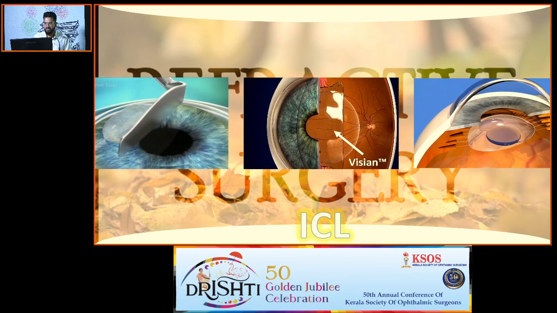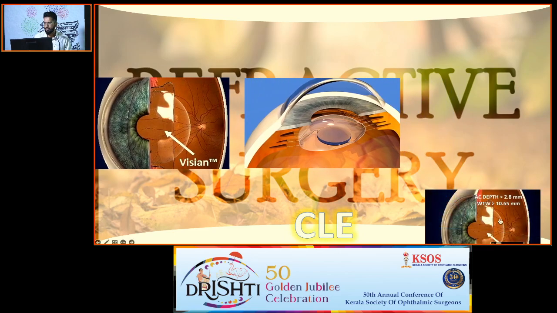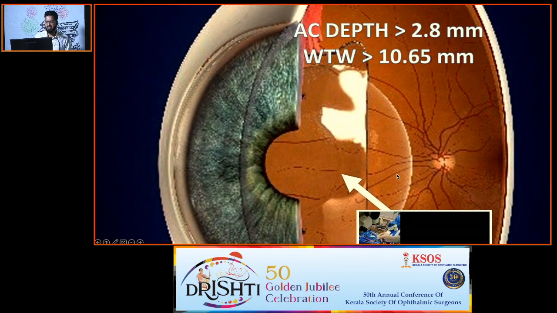The third one would be the ICL, and the next one would be clear lens extraction. To talk about the cutoff, I usually keep the ICL depth at 2.8 microns and white to white at 10.65.